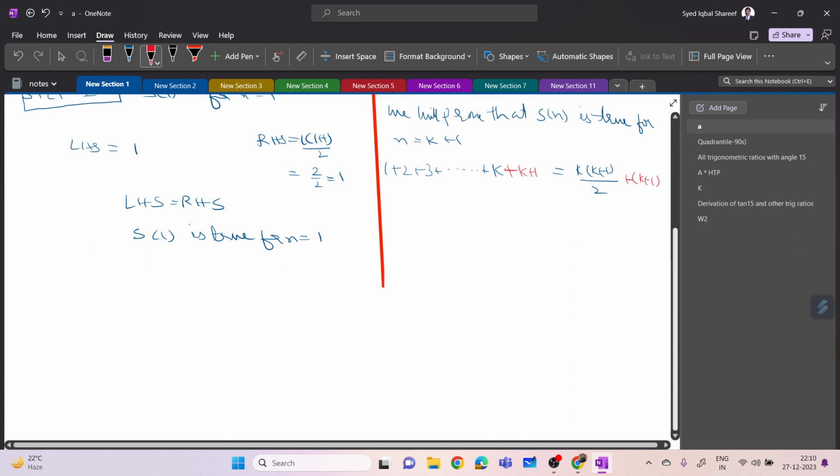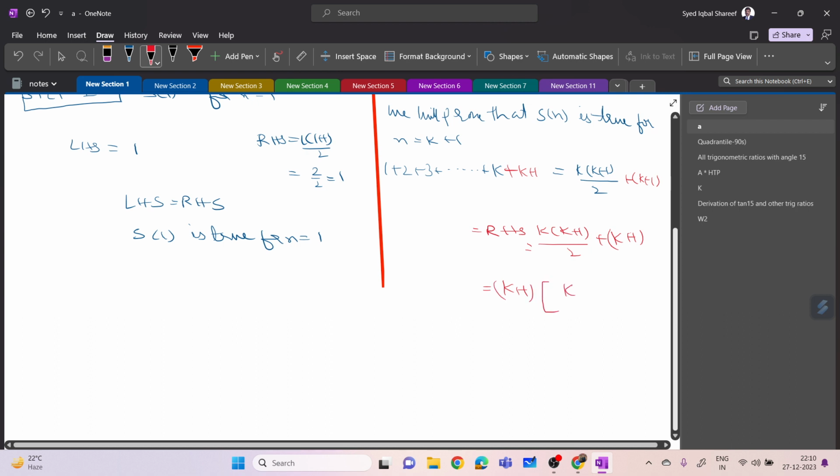So now right hand side, k into k plus 1 by 2 plus k plus 1. So here in both the terms k plus 1 is common.